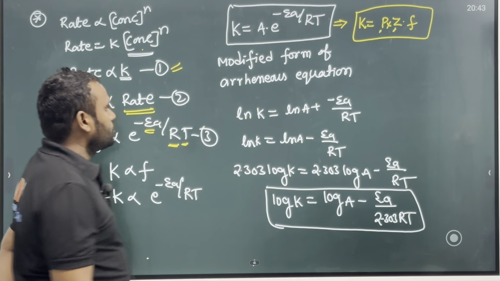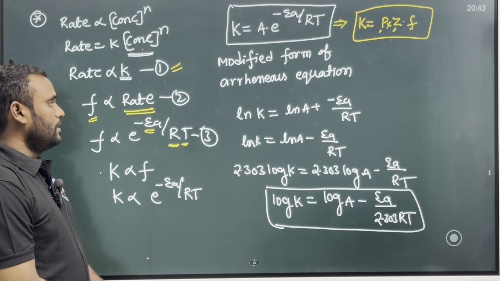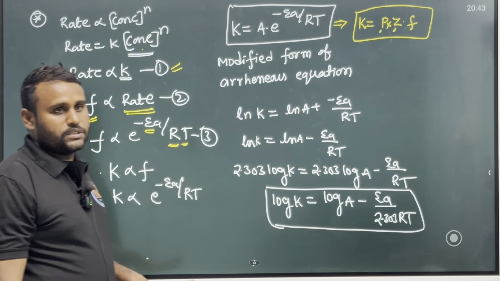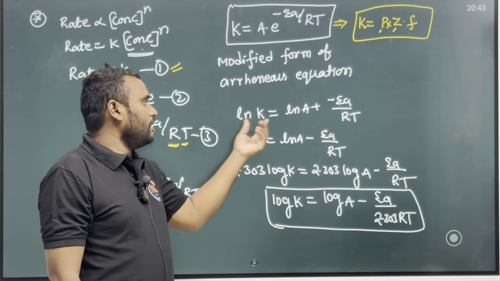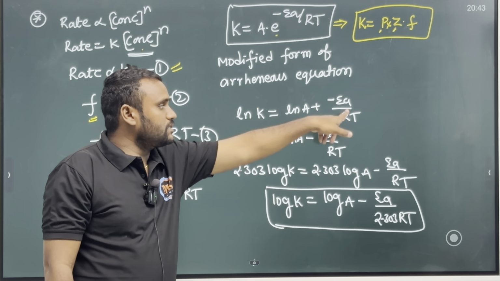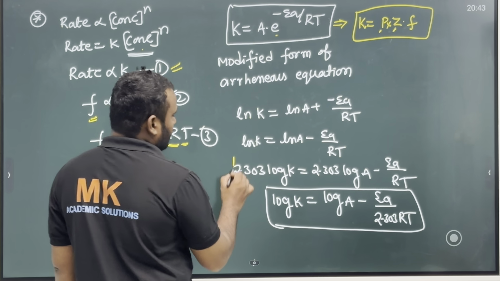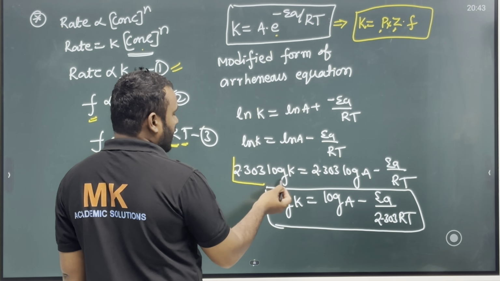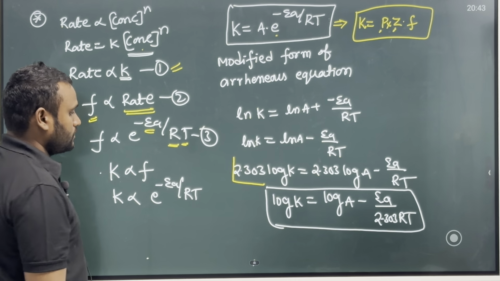Next, we are going to take the modified form of the Arrhenius equation. We just apply the log values. When you apply the natural log, ln k is equal to ln A minus EA by RT. Then we take the base 10 log values; we know very well how to convert this.